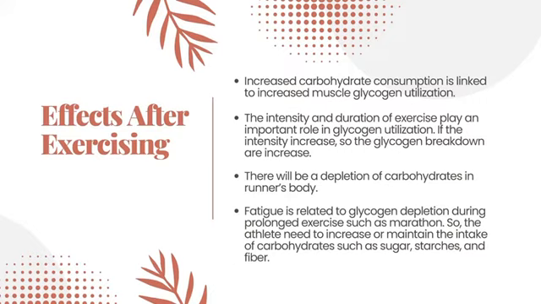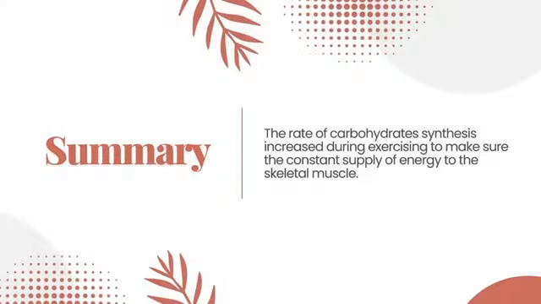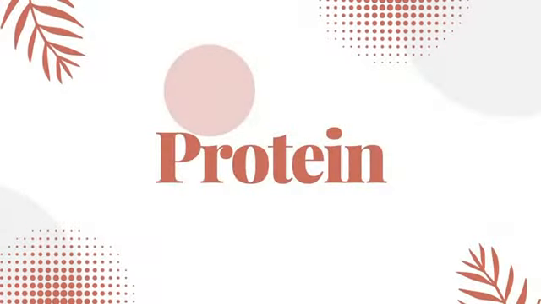Athletes should consume carbohydrate after exercise to maintain the body's stored quantity of carbohydrate. For the conclusion, the rate of carbohydrate metabolism increases during exercising to make sure of a constant supply of energy to the skeletal muscle. Next, we go to the protein.